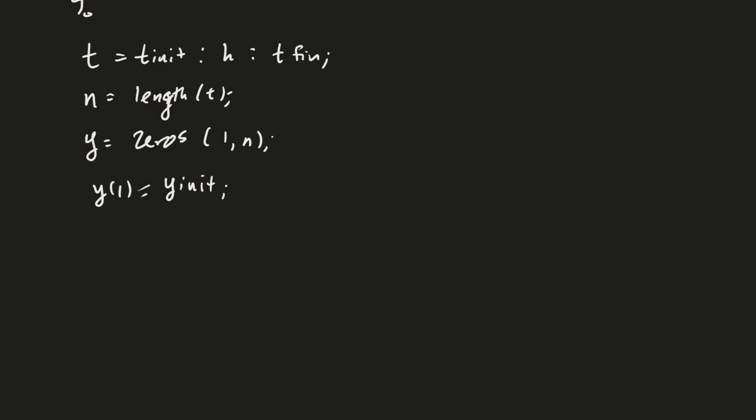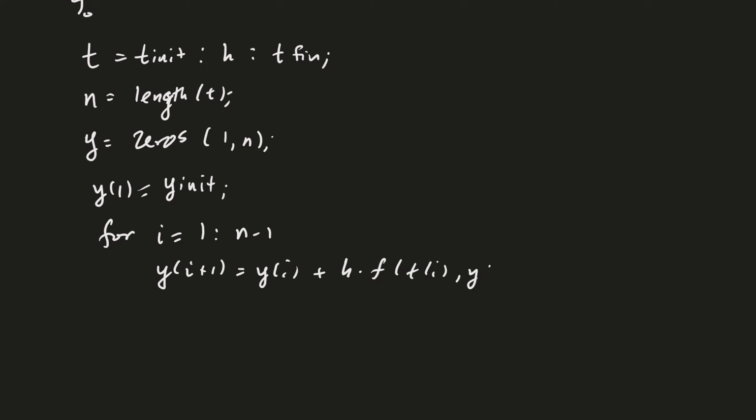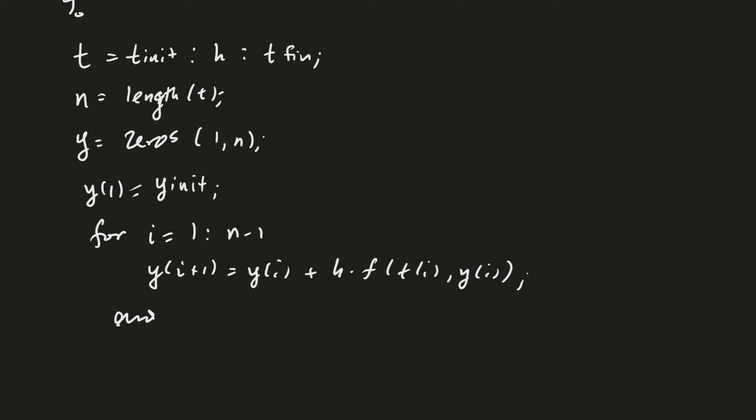Let's get our algorithm now: for i equals 1 to n minus 1, then y of i plus 1 is equal to y of i plus h times f of t of i, y of i. Okay, semicolon, end. And now we're done.